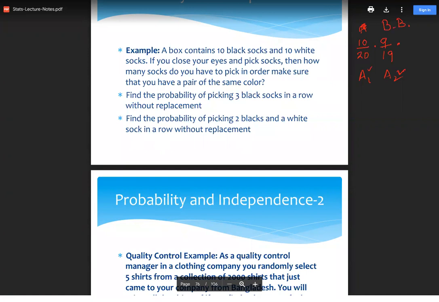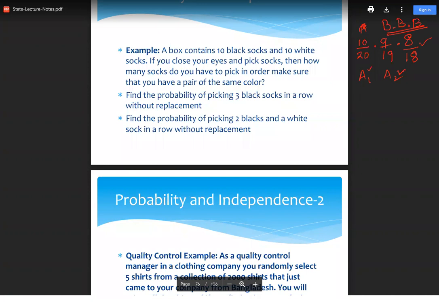What is the probability of getting another black sock? That's going to be what? 8 out of 18. 8 out of 18. So the probability of getting 3 black socks in a row is this number, if you multiply them out. Similarly for the probability of getting 3 white socks. All right.